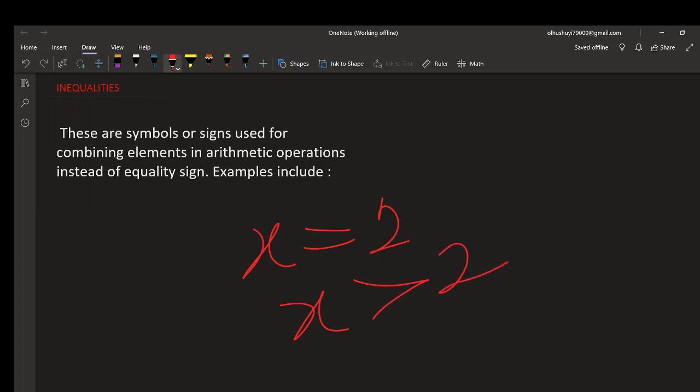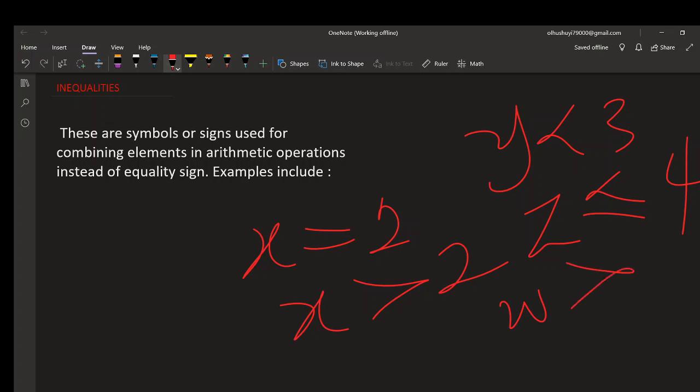Or you have y is less than 3, or z is less than or equal to 4. You can have w is greater than or equal to 5. We can have k not greater than 1. So let me talk about the symbols one by one.